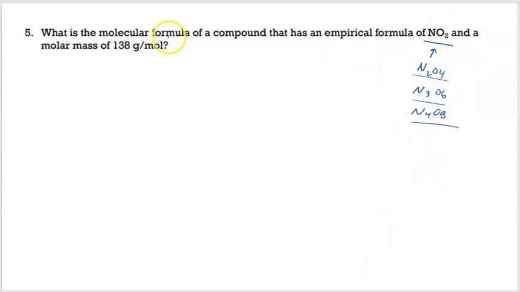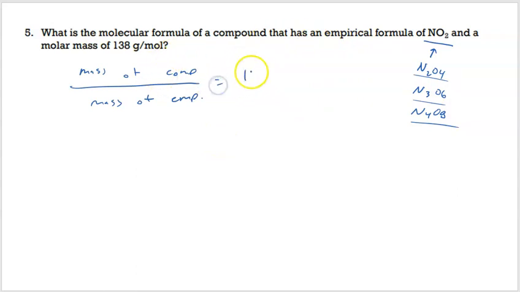All we do is take the mass of the compound over the mass of the empirical formula. In this case, the mass of the compound is 138, and the mass of the empirical formula, 1 nitrogen plus 2 oxygens, gives me 46.01.